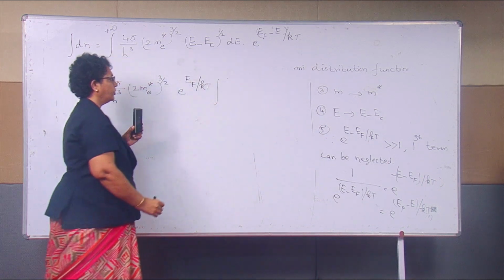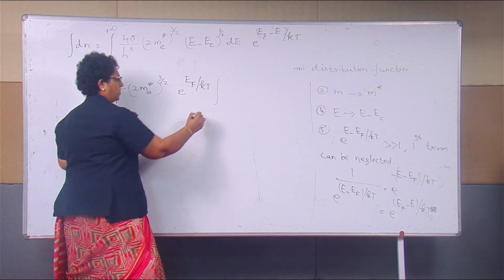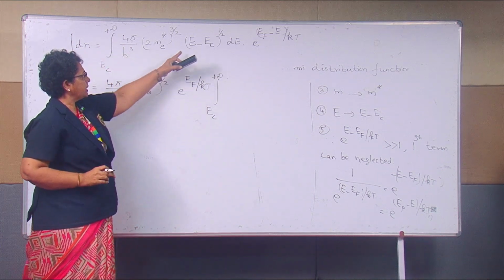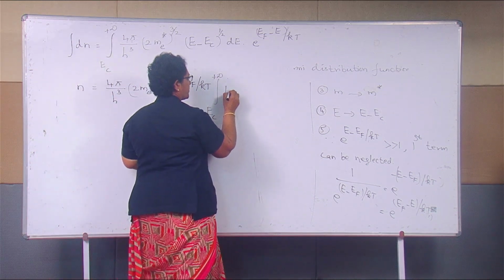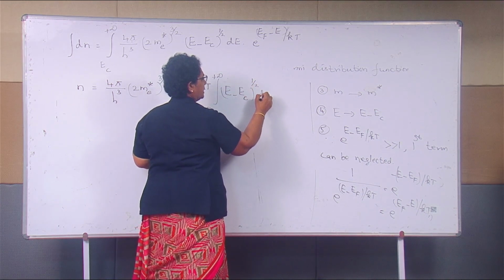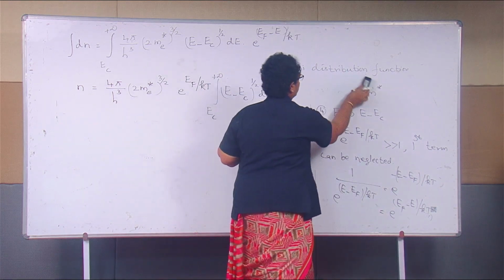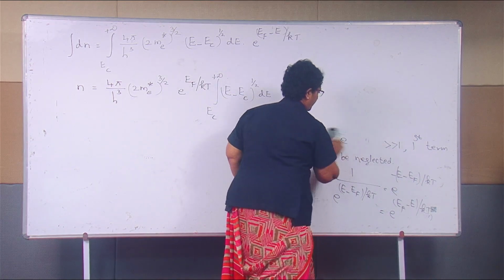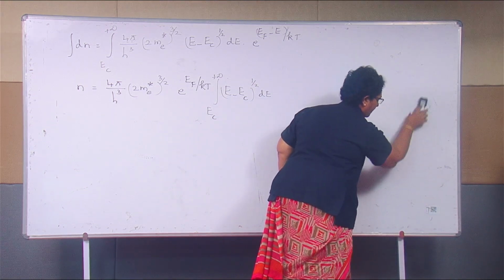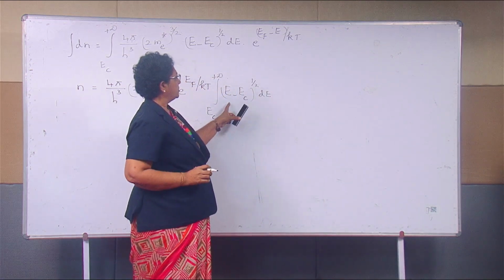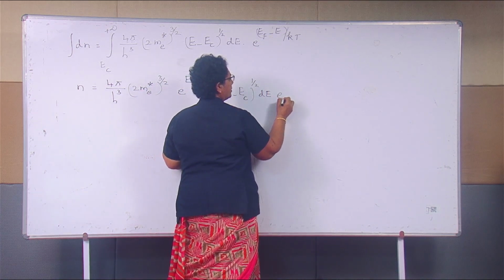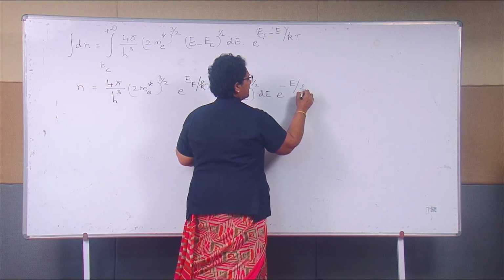So now what are the leftover portions? From EC to plus infinity, the leftover terms are E minus EC to the power half into dE, and here e to the power of minus E by KT.